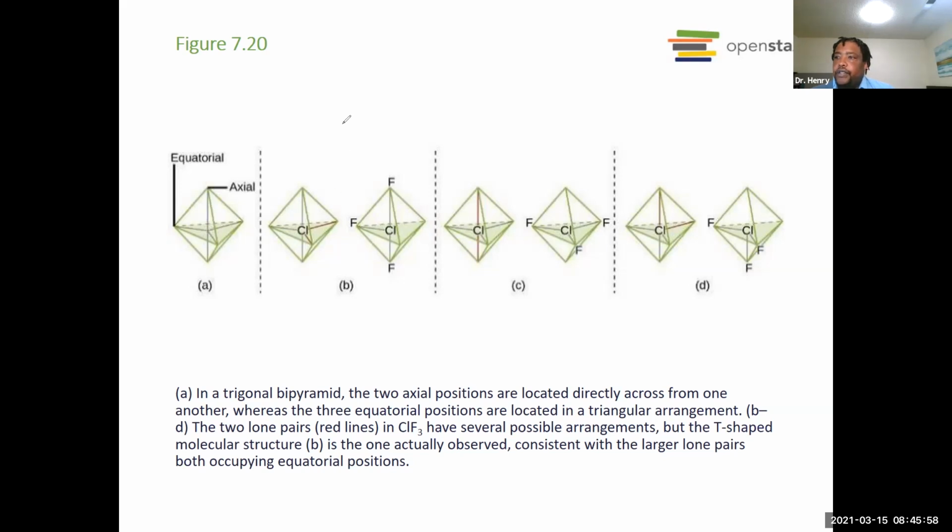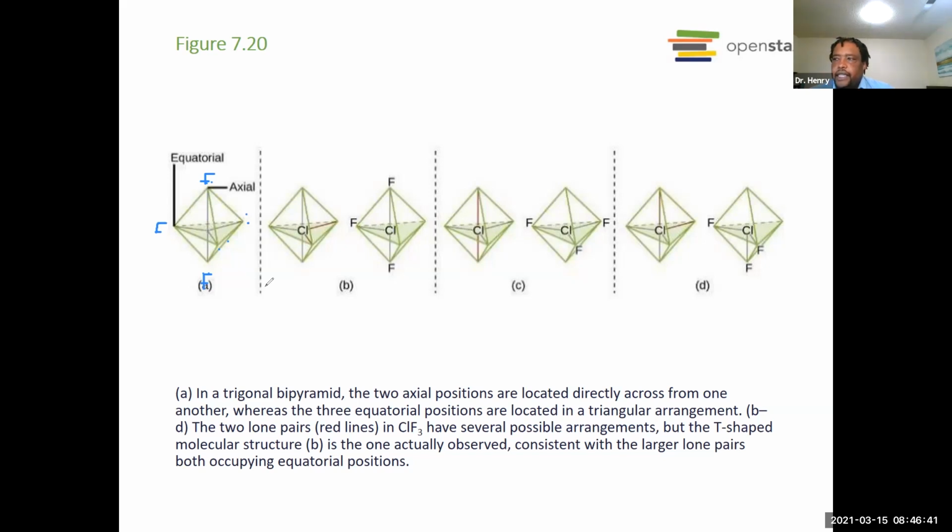So in this case, if we were talking about ClF3, its electron pair geometry would be trigonal bipyramidal, right? You'd have those two, and then you'd have your fluorines. Fluorine, fluorine, and fluorine. And then you'd have your two lone pairs here. Okay.